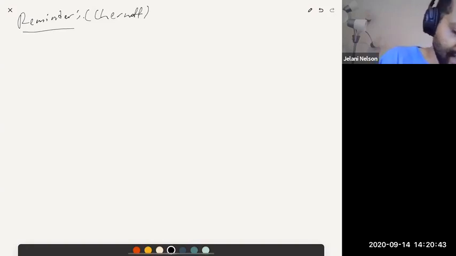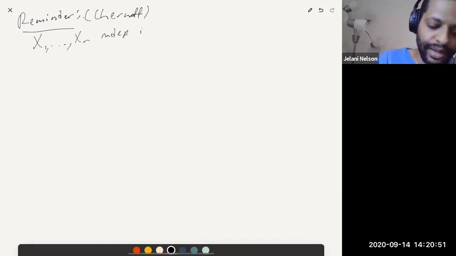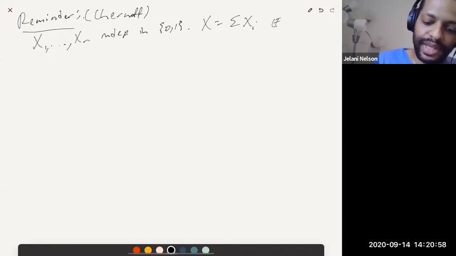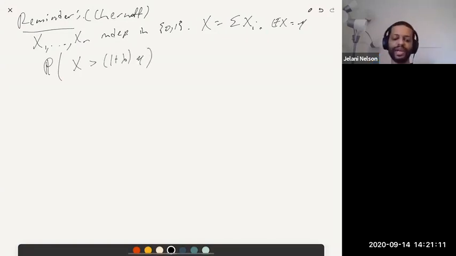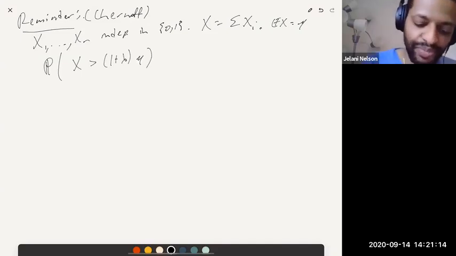It says that if x1 up to xn are independent, and they're each in 0, 1, and x is the sum of the xi's, and the expectation of x is mu, then this is the upper tail for Chernoff: the probability that x is bigger than 1 plus lambda times mu, so bigger than its expectation by an extra 1 plus lambda multiplicative factor, is less than (e to the lambda over (1 plus lambda) to the 1 plus lambda) to the mu.